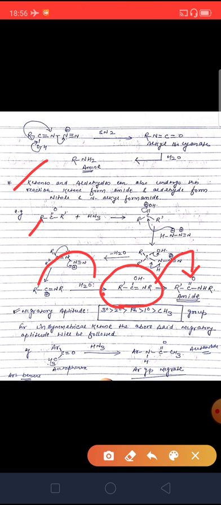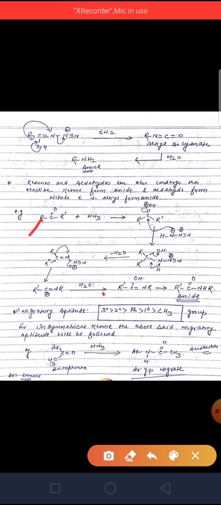Now, for example, this is your ketone. In the case of a symmetrical ketone, we don't have any problem. We can migrate any kind of group. But in the case of unsymmetrical ketones, the migratory aptitude is a very important phenomenon.